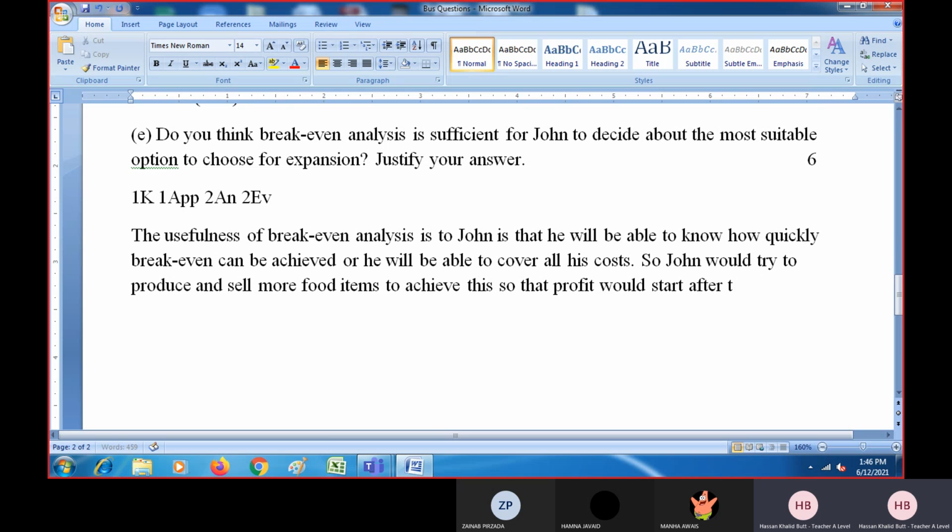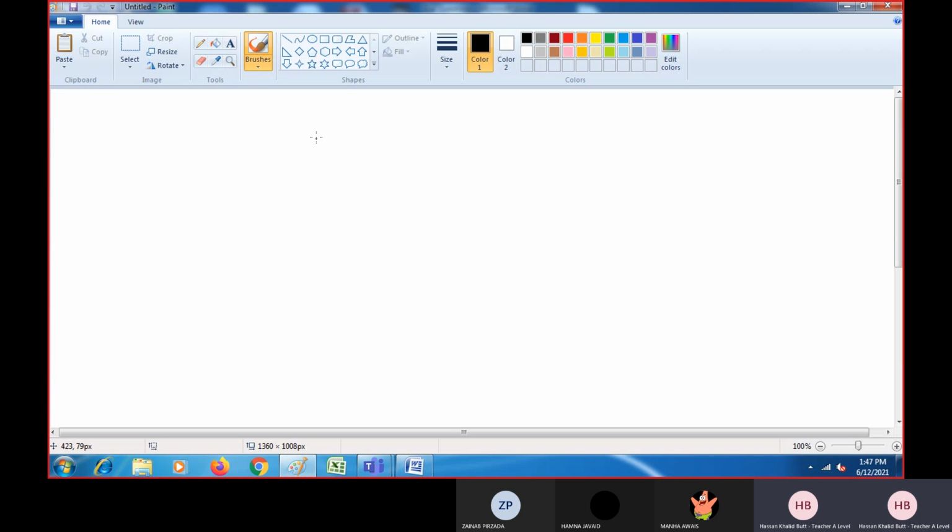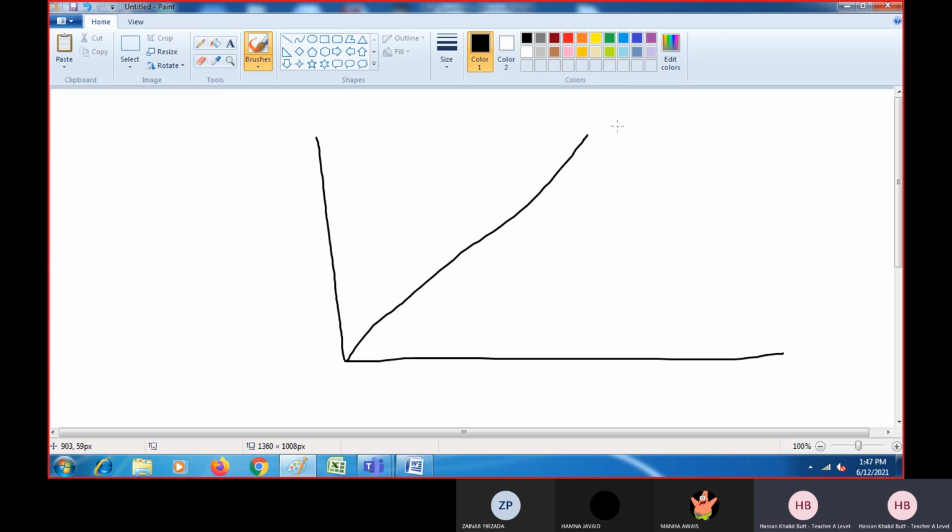You know that we discussed that after the break-even point, profit starts, because before break-even your cost is always higher than the revenue. Let me show it to you, because I taught it way back, so I am explaining it again. See this: this is total revenue, and this is total cost, and this is break-even.